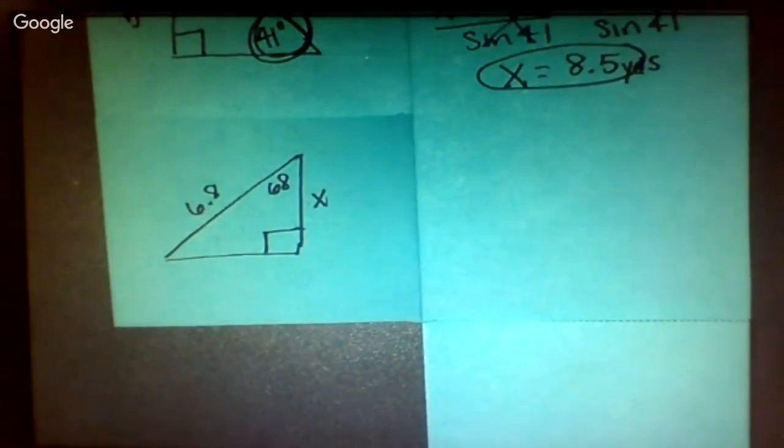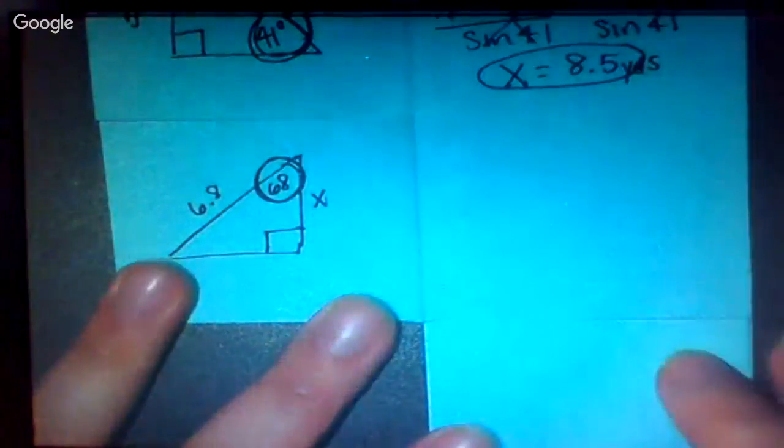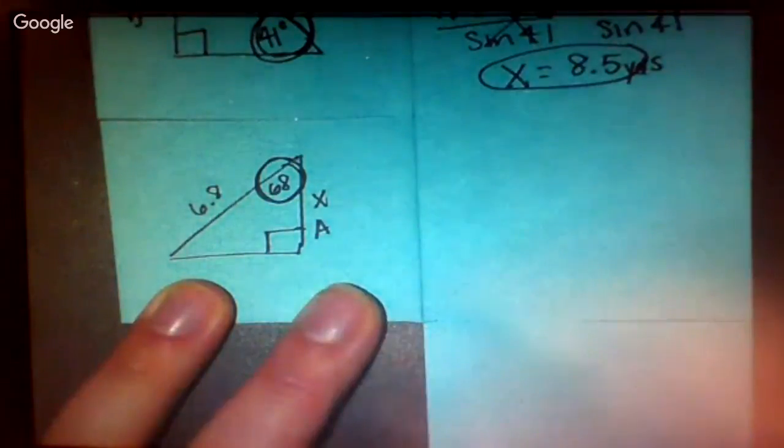So again, the first thing you want to do, circle that reference angle. Okay? That way you know what angle you're labeling your sides off of. So, if I have 68, what side is X? That is your adjacent side. That is your A. What is 6.8?